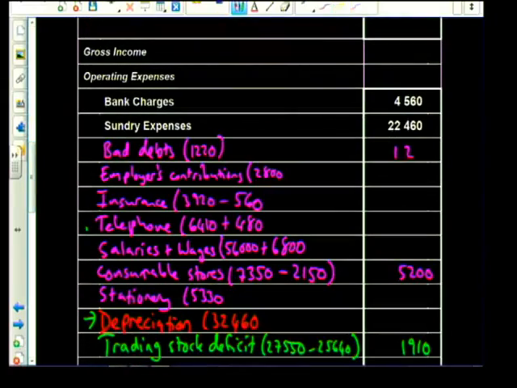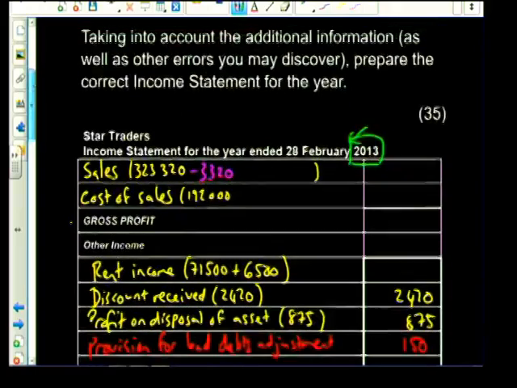We had 1,220 in bad debts, 2,800 in employers' contributions, and 5,330 in stationery, plus the figure that we already calculated of 32,460 for depreciation. Then there are some others that we have to calculate, which is just the sum of everything in brackets. So let us just do that quickly.